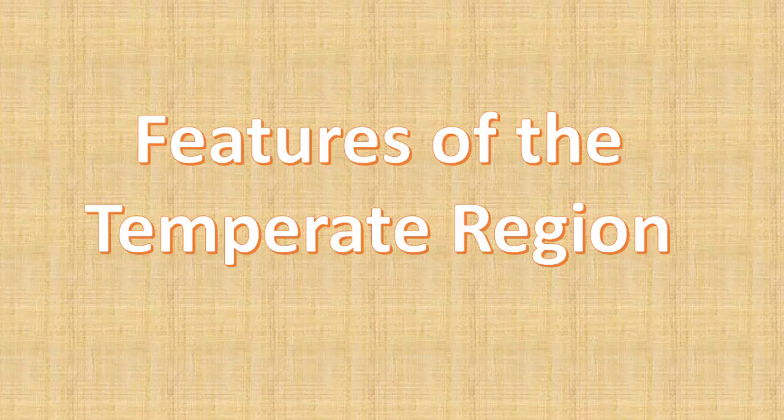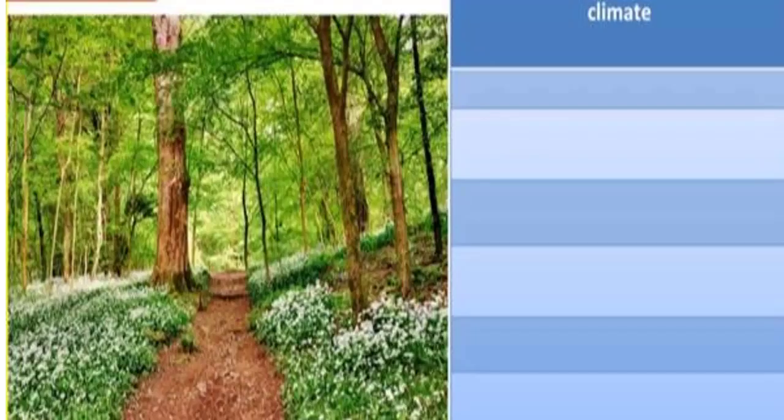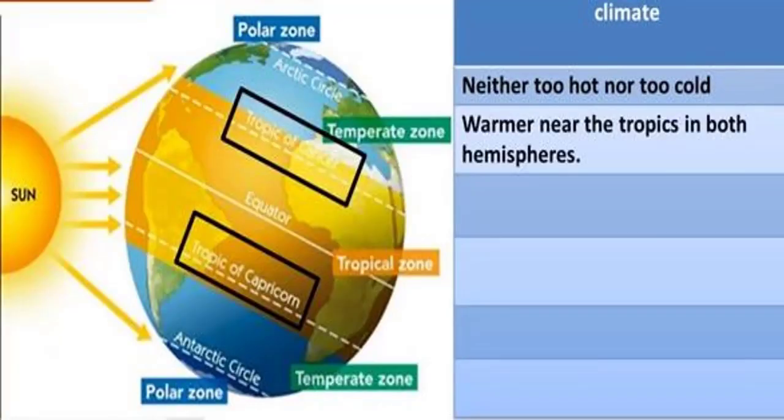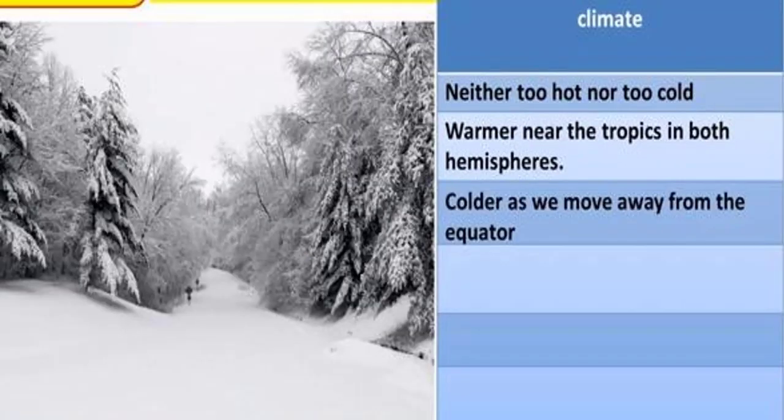Features of the temperate zone. Climate. Neither too hot nor too cold. Warmer near the tropics in both hemispheres. Colder as we move away from the equator.